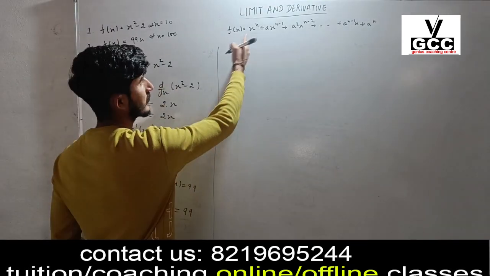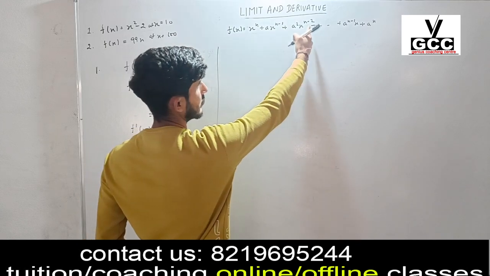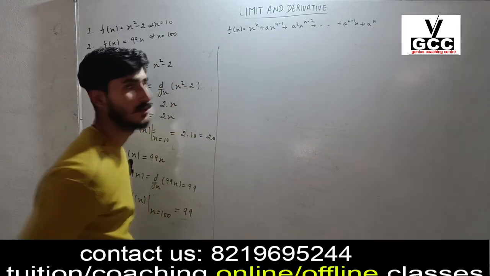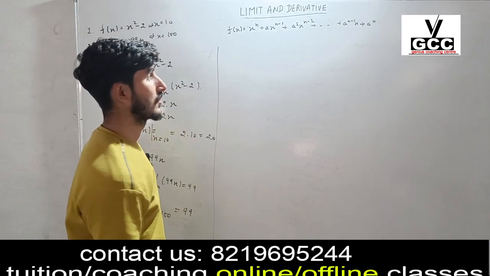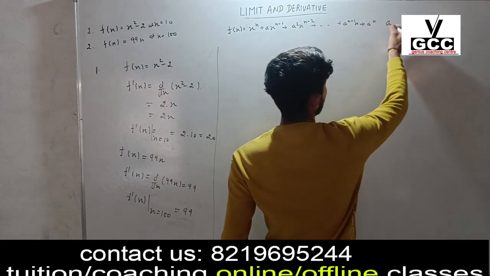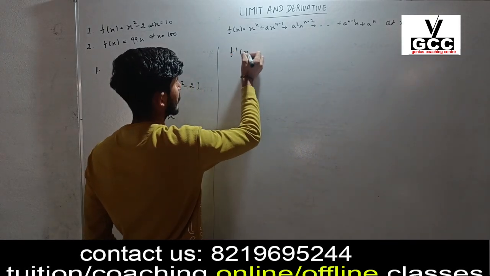Now the given question, we have the function f of x equal to x^n plus a x^(n minus 1) plus a square x^(n minus 2) up to so on, a^(n minus 1) x plus a^n. We have to find out the derivative of given function at x equal to a.